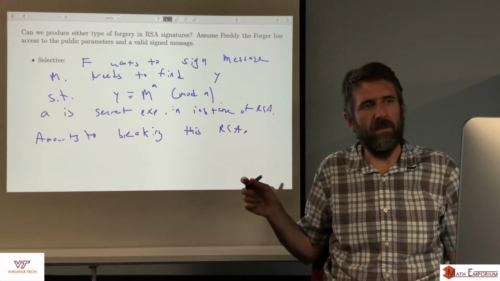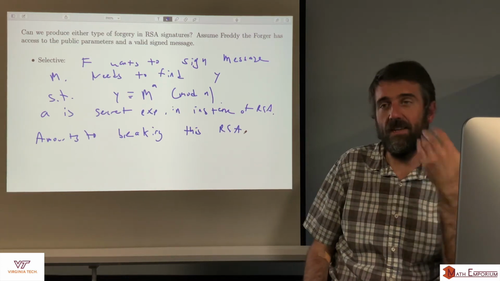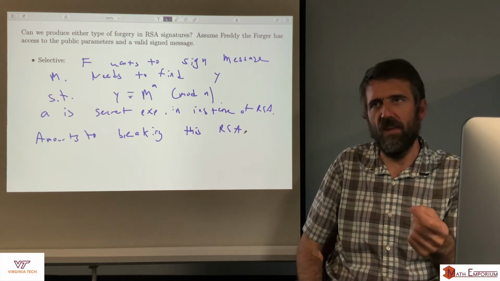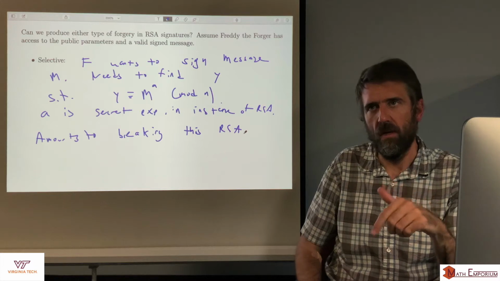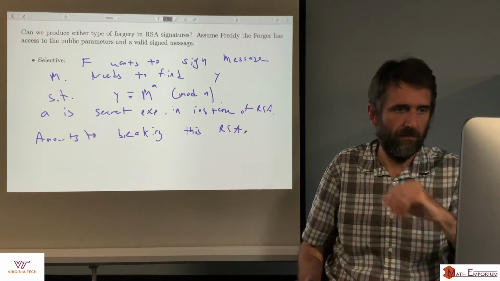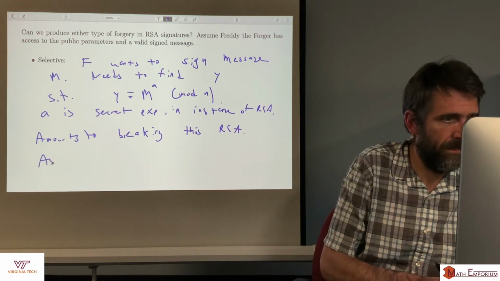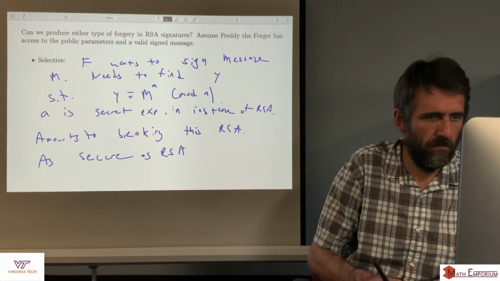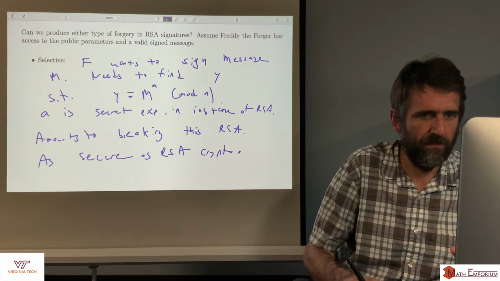In other words, the RSA signature scheme is exactly as secure against selective forgeries as the RSA cryptosystem is against the breaking of the system.